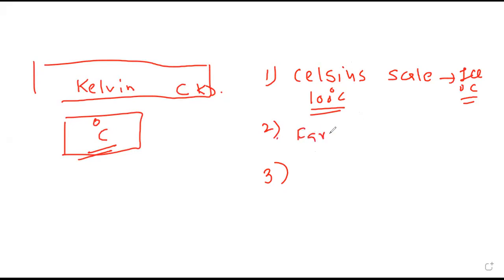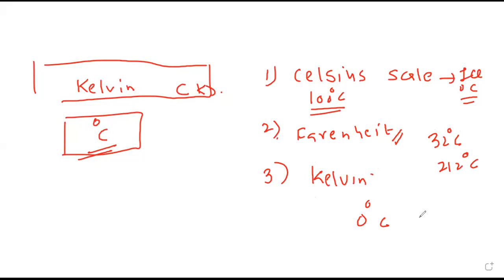Fahrenheit is another scale for measuring the temperature of a body. Here the ice point is 32 degree and the boiling point is 221. Third is the Kelvin scale, where 0 degree Celsius corresponds to 273 Kelvin.